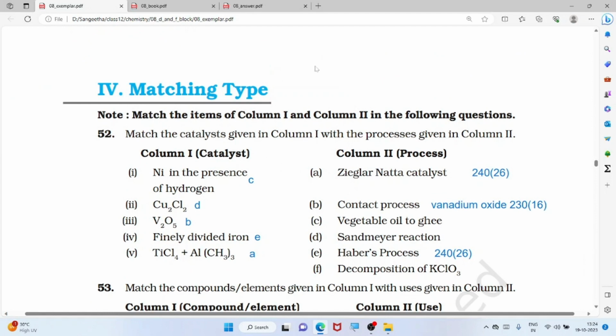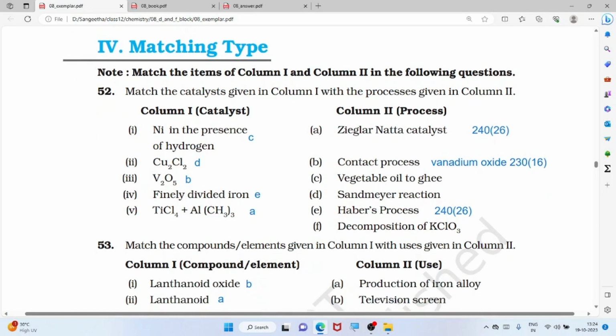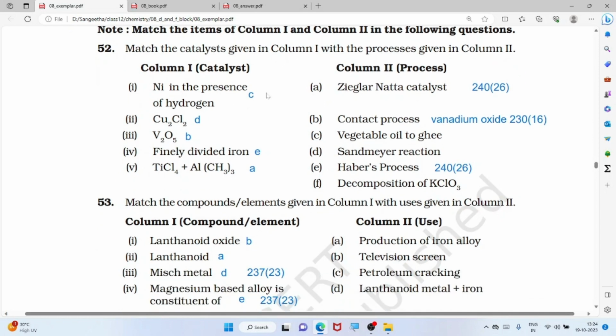Okay, matching type. Match the items in column 1 with column 2. Okay, this is the catalyst, and which process uses this catalyst? Okay, this is in vegetable oil to ghee.